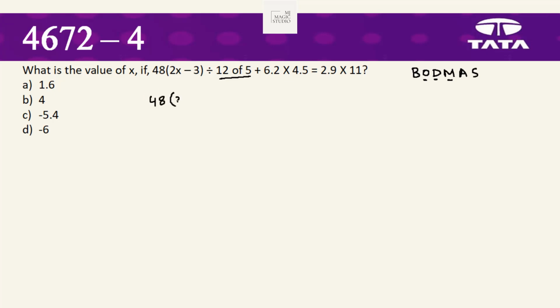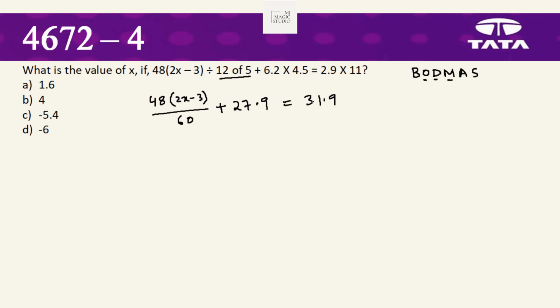So 48 into 2x minus 3 by 60 plus, now 6.2 into 4.5, we can find the calculator value, that will be 27.9. This is equal to 2.9 into 11, that is 31.9.